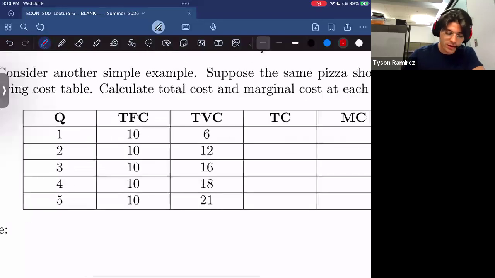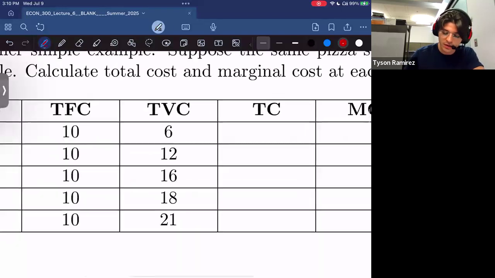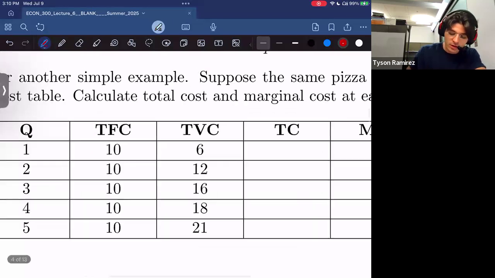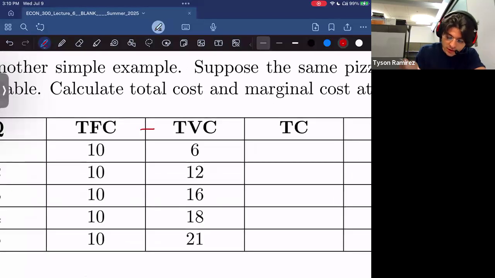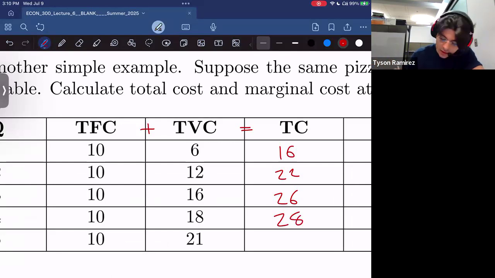So what you should have found was that your total cost, remember, is your fixed plus your variable. And so your total cost should have been 16 here, 22 here, 26 here, 28, and then 31.